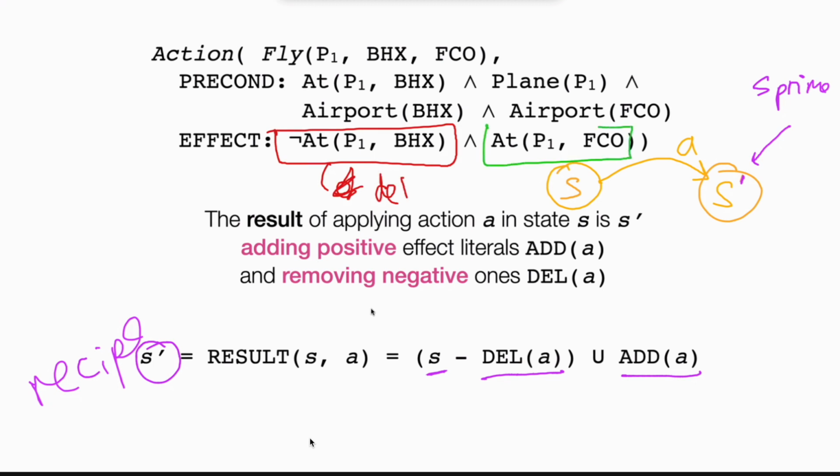And the add effects are the ones that are not negated. I said earlier we're going to use set semantics, and this is expressed in terms of sets. So union, subtraction, these are set operations.